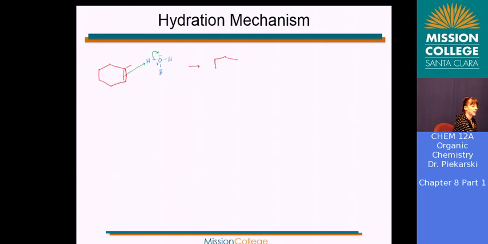And what kind of intermediate do we get? A carbocation. And where does the carbocation want to go? It wants to go on the more substituted side. Good. So before, we already had a hydrogen here, a hydrogen here. Now we have a hydrogen going on the less substituted side.